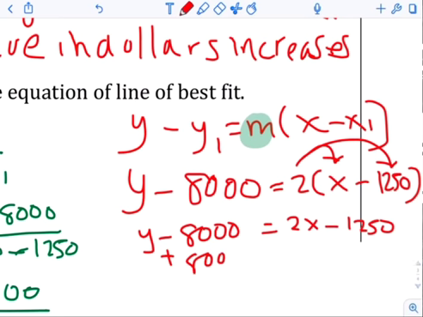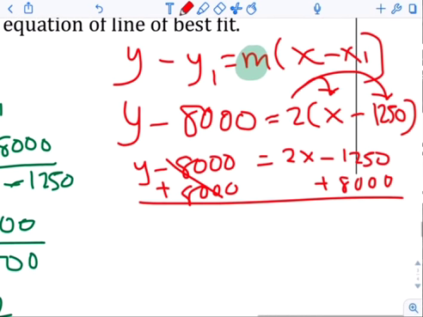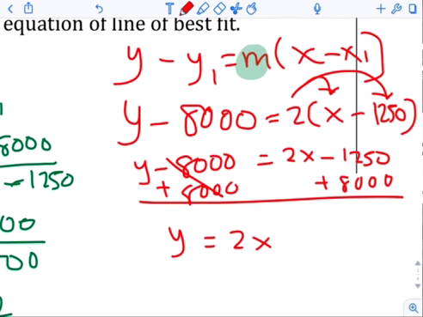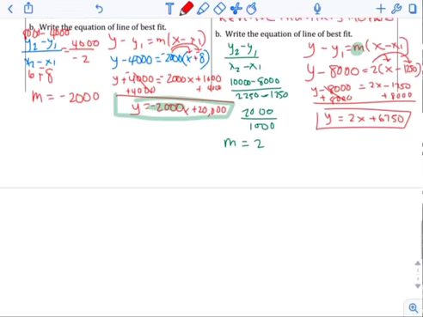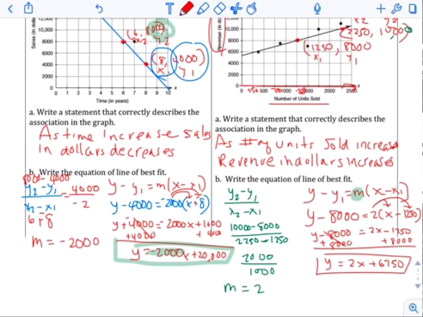Add 8,000. y equals 2x plus 8,000 minus 2,500, which gets you 5,500. That's your answer in slope-intercept form. And that is your homework. So it shouldn't take you much time to get this done.